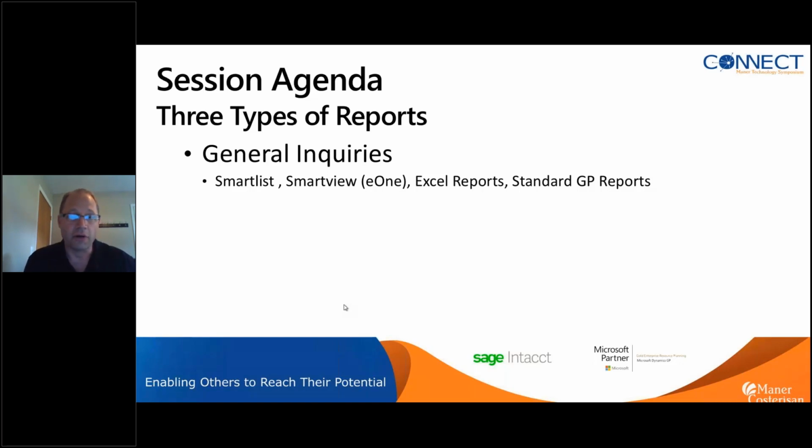We're going to look at Smart View, which is a paid option, but it is very cool. And I'll show you a couple of the key features of Smart View. We're going to look at Excel reports, which comes standard with GP, plus you can make your own. And then we're just going to look at some of the standard GP reports that are in there, which I'm sure most of you are familiar with, but I got one little wrinkle I'm going to show you on there.